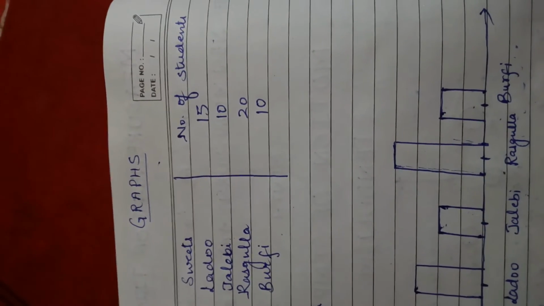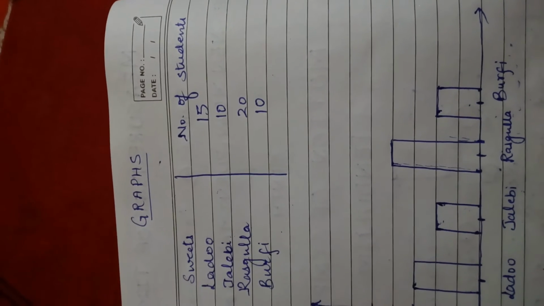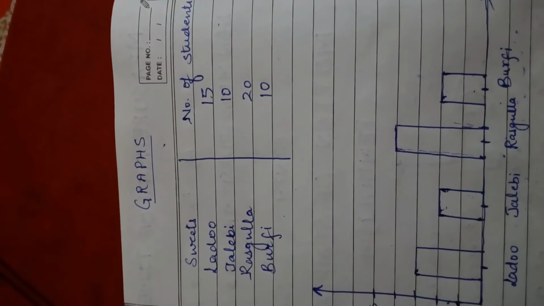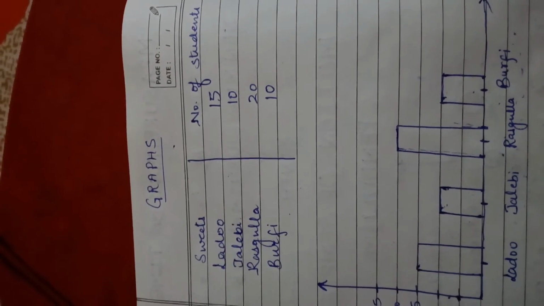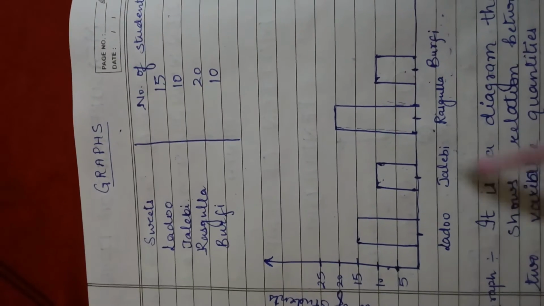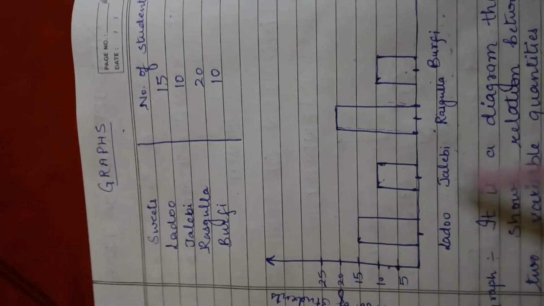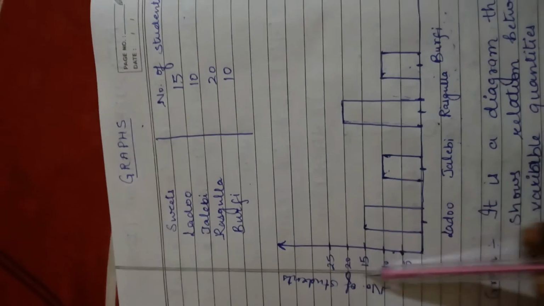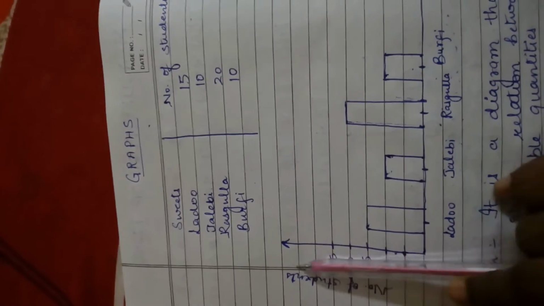To understand the data in an organized way, we draw a graph from it. So here we have a graph of this situation in which sweets are plotted on the horizontal axis and the number of students is taken on the vertical axis.